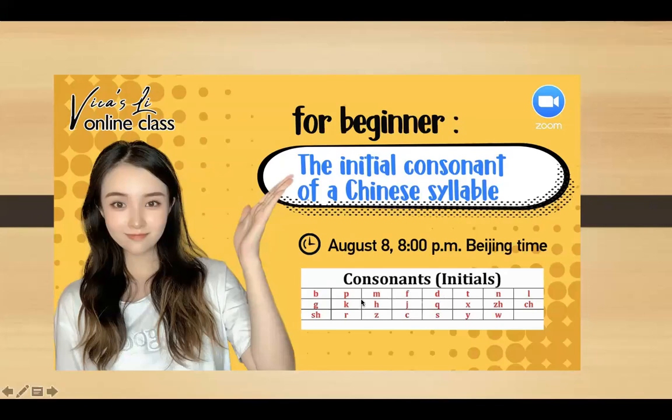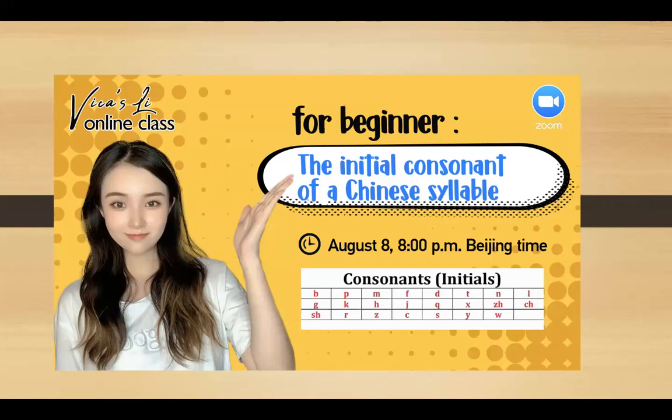As you can see here, these are the consonants, what we call initials. I'm going to teach you the word for consonant, which is 声母. 声母 is the initial consonant in Pinyin.